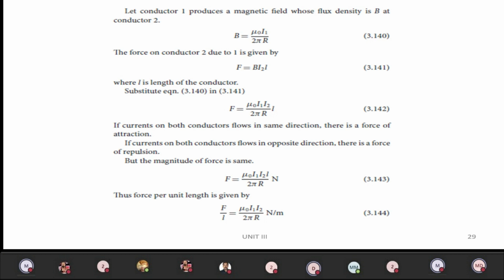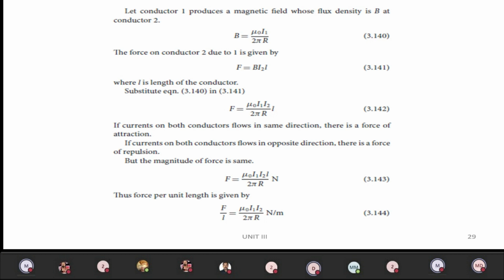Substituting that value, F = mu naught I1 I2 divided by 2 pi r, into L.